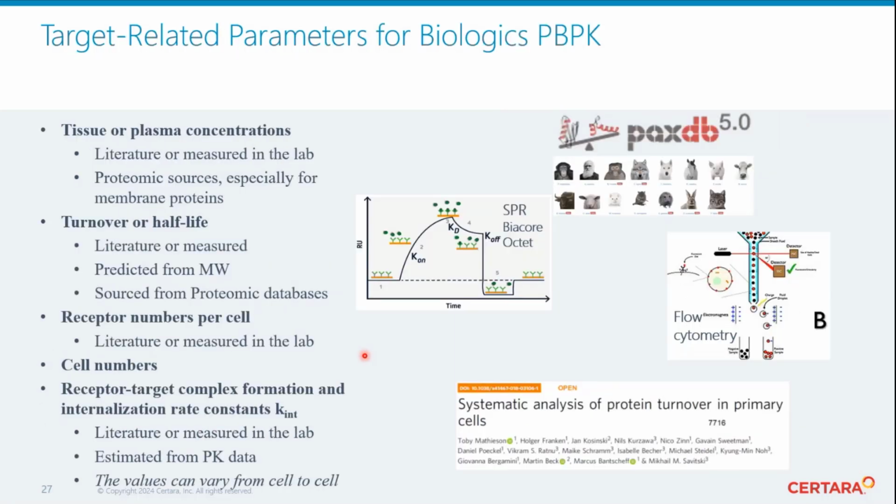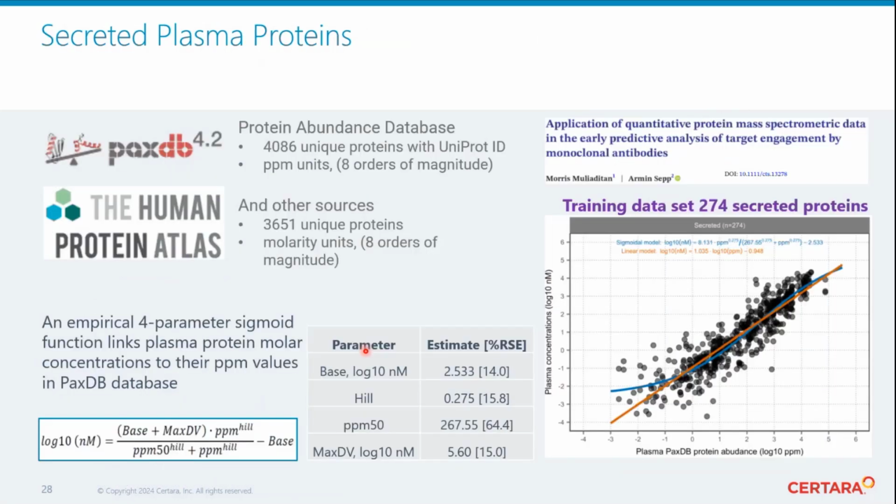So how do we get there? Soluble plasma proteins can be measured fairly easily. And then, yeah, affinity constants can be measured on Biacore or whatnot. But occasionally the number might not be there. So what do we do about it?